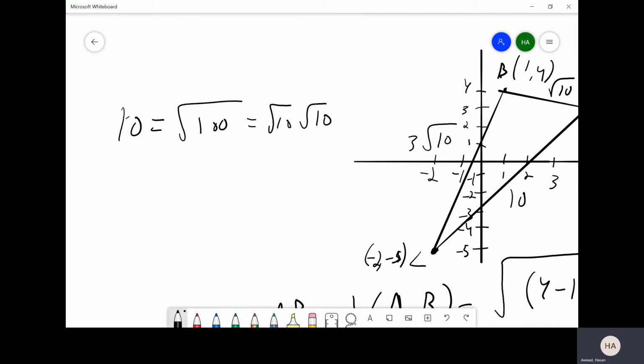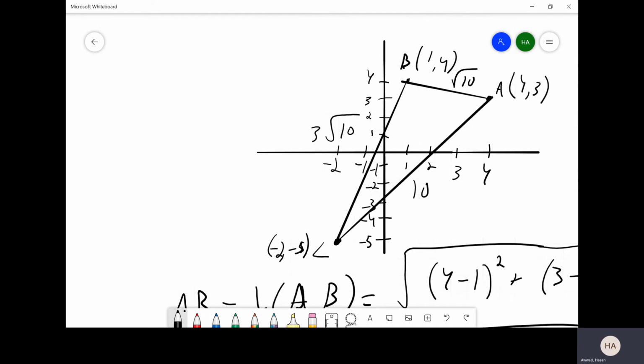And we know that the square root of 10 is bigger than 3. Feel free to double check that, but the square root of 10 is in fact larger than 3. We know that because 3 is the square root of 9, and the square root of 10 is larger than the square root of 9. So we now know that this side over here is our largest side, and since this is our largest side, this is going to be our hypotenuse.